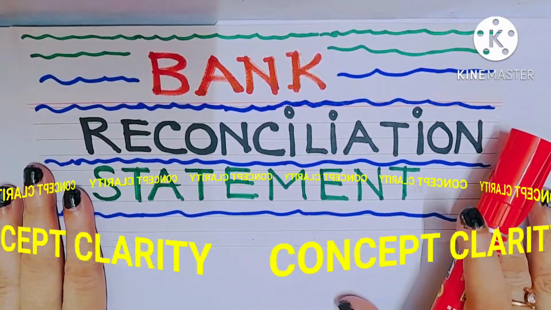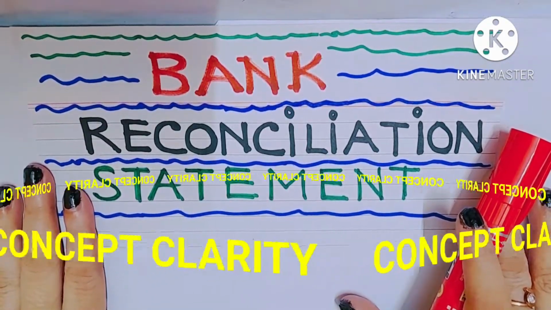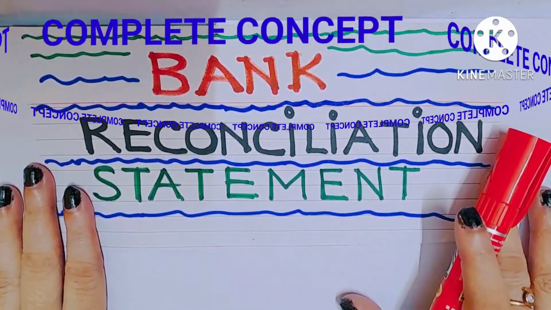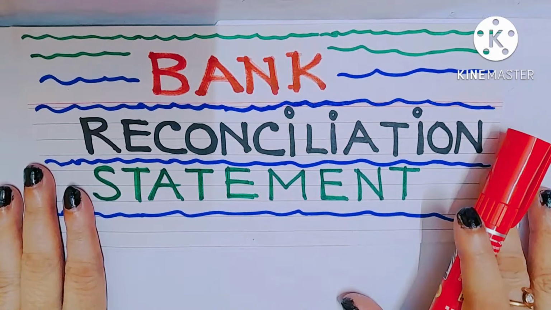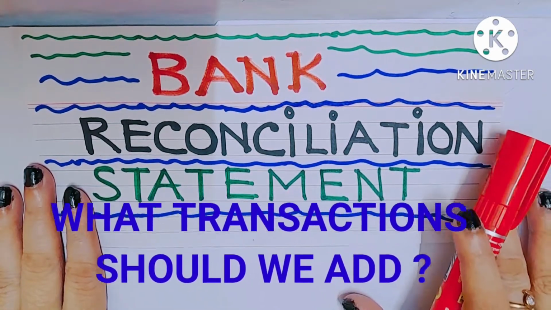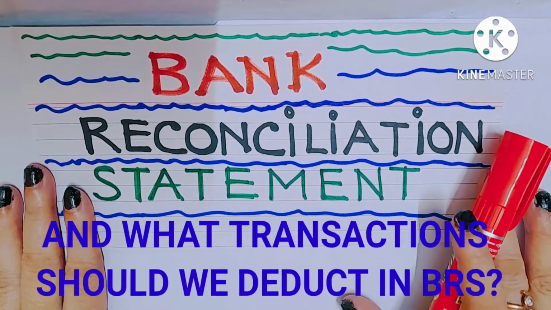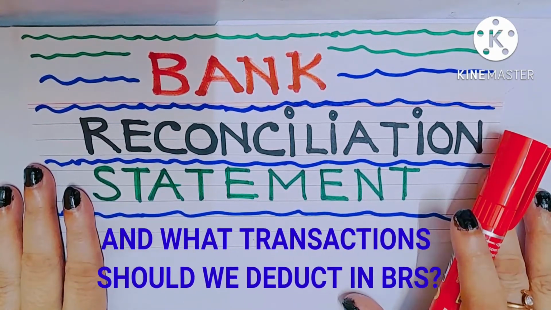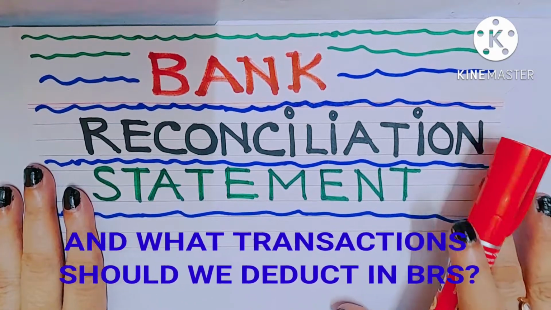I feel they don't have concept clarity or a complete understanding of the chapter. In a nutshell, they don't understand what transactions we should add and what transactions we should deduct in bank reconciliation statement. That is the main problem.